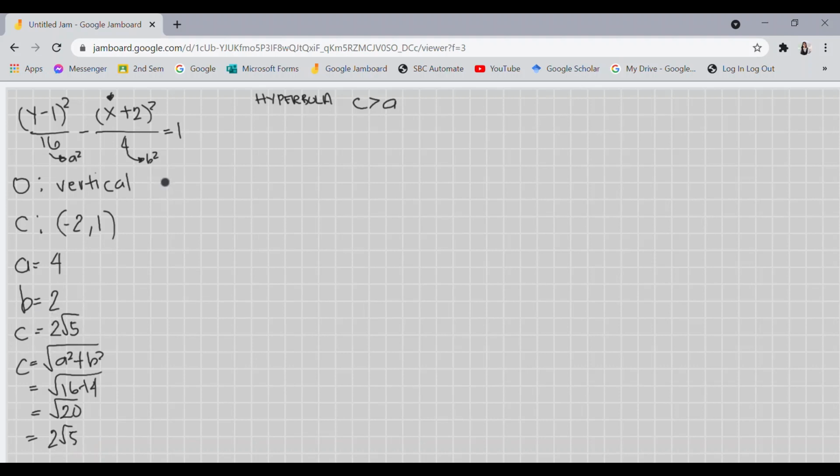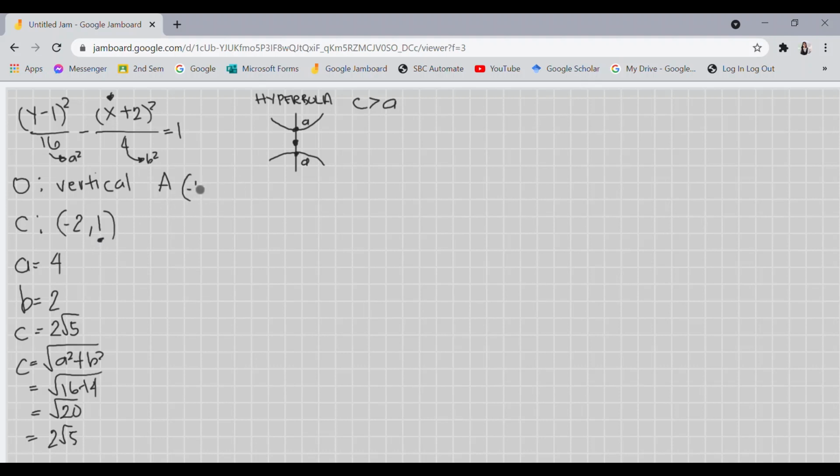Now, we'll be solving for the coordinates of your vertices. If your hyperbola is vertical, that means you have a vertical transverse axis. Technically, your hyperbola looks like this, up and down. So from the center going to your vertices, you are going up and going down. From (−2, 1), the coordinate that changes is the y-coordinate.